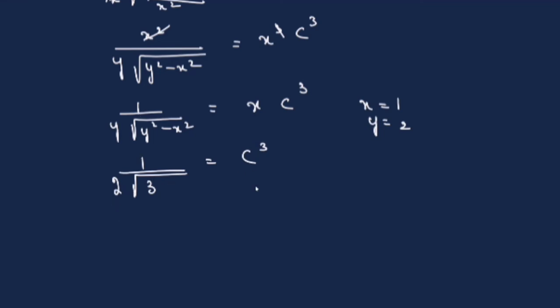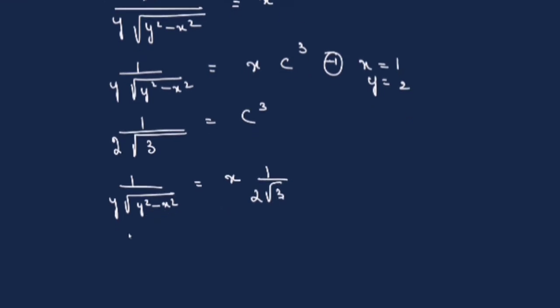So put it back in this equation; suppose we name this as equation 1. So 1 by y root of y square minus x square is x into c cube. C cube we got as 1 by 2 root 3. So we take the reciprocal on both the sides. What do you get?